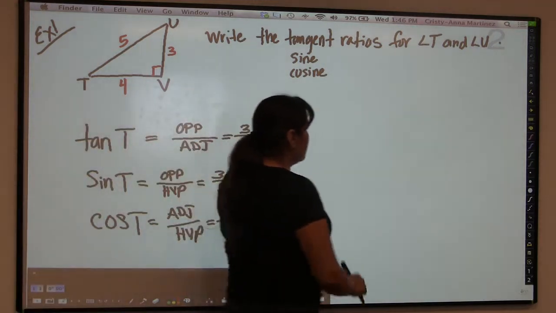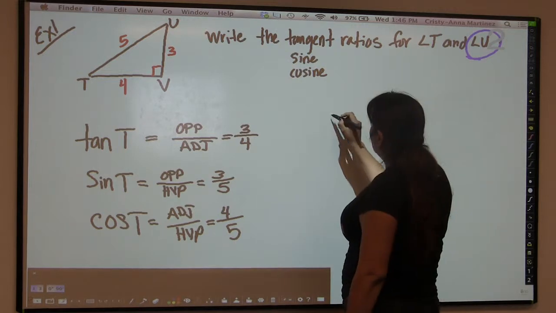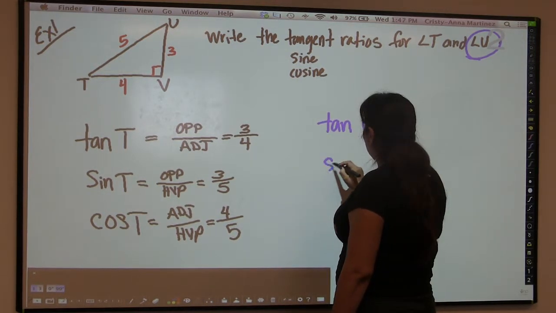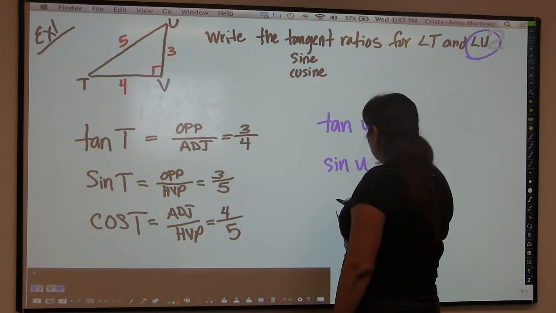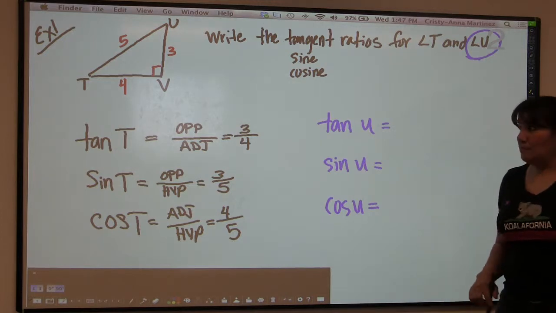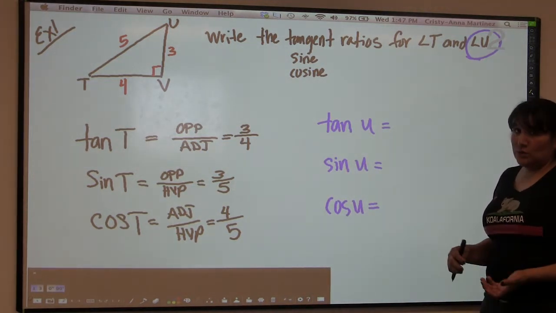Okay, now we want to do this again, but now our focus is going to be U. So now I want to do tangent U. We want to do sine U and cosine U. And they're not going to be the same as tangent T, sine T, and cosine T because it's a different focus.